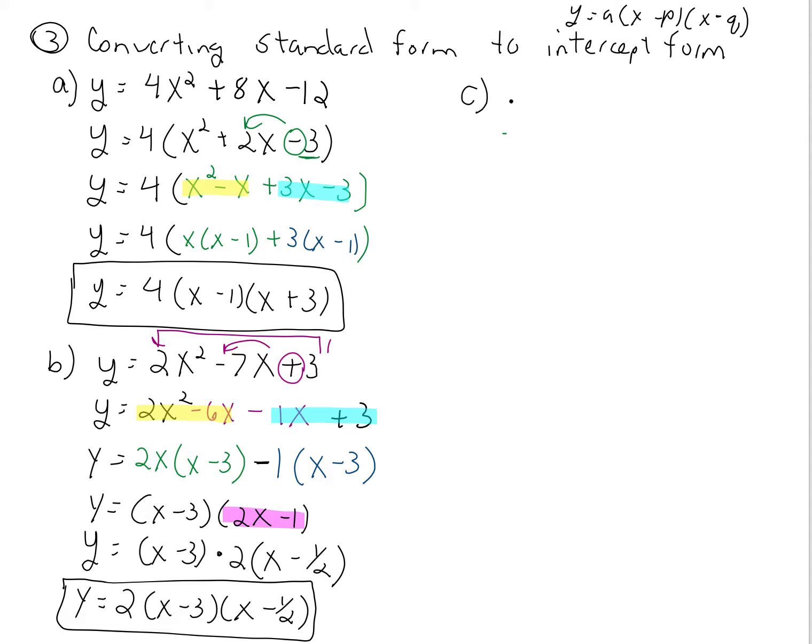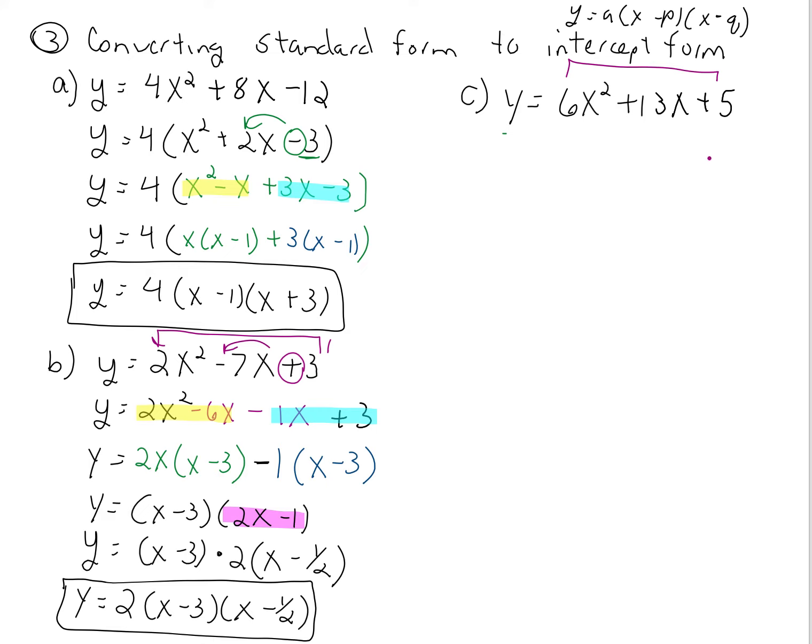C. In this example, we're given y is equal to 6x squared plus 13x plus 5. And we want to write this in intercept form. So I'm going to start by factoring it. I got my factors of 30 that add to equal 13. So let's see.